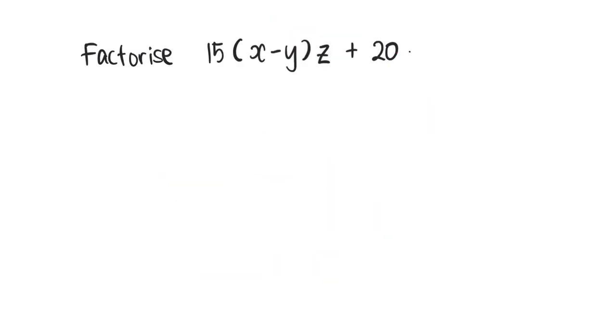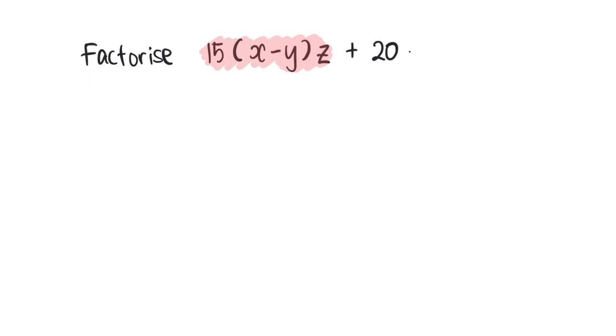Hello everyone, welcome to this video where we are required to factorize the following expression. So I saw that there is an expression here that has brackets. So this is what Mr. Tan will do. Mr. Tan will expand and simplify this first.